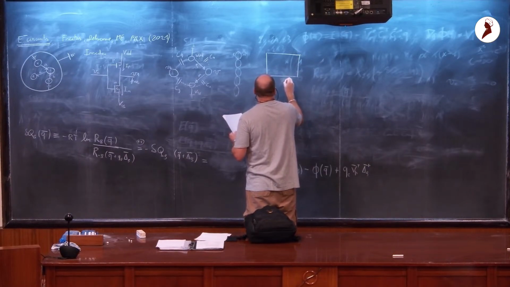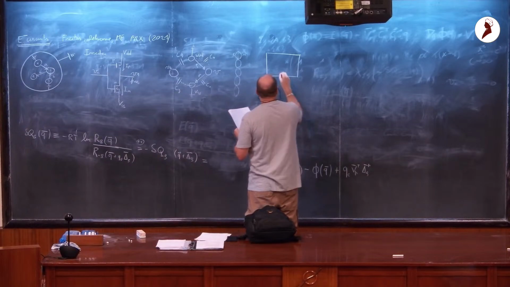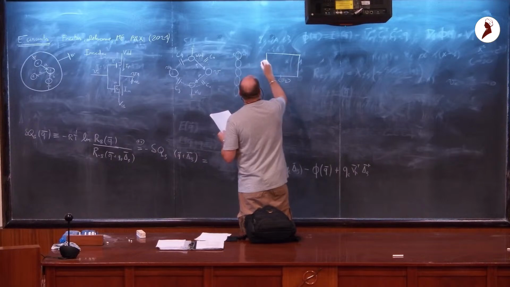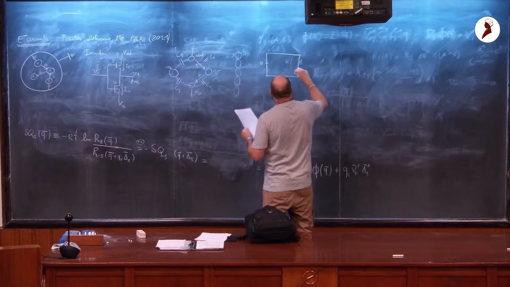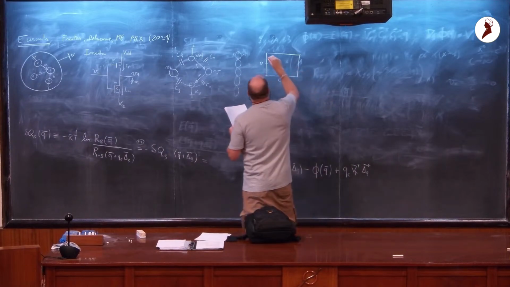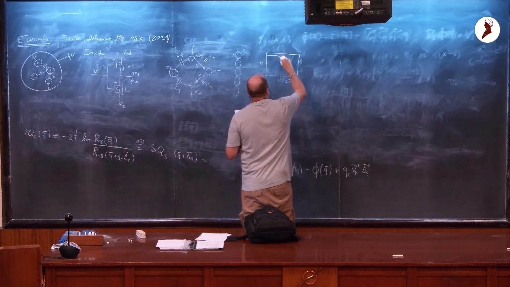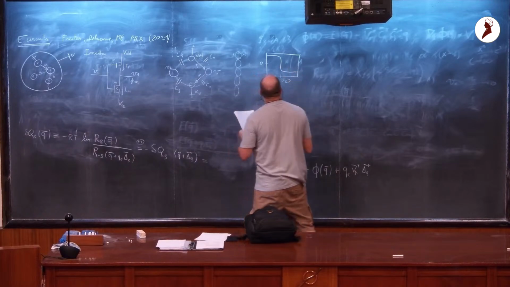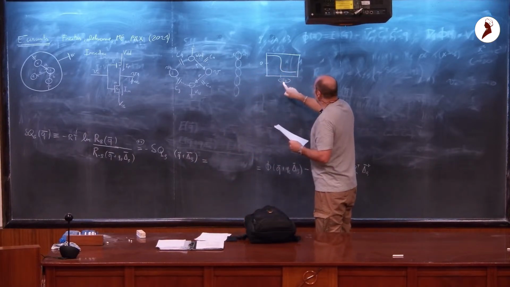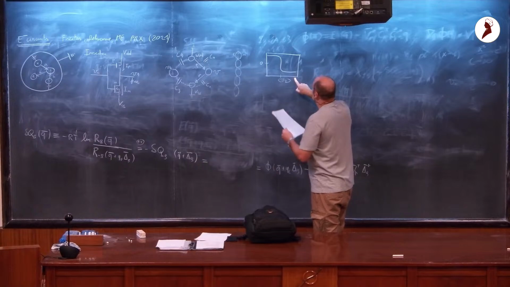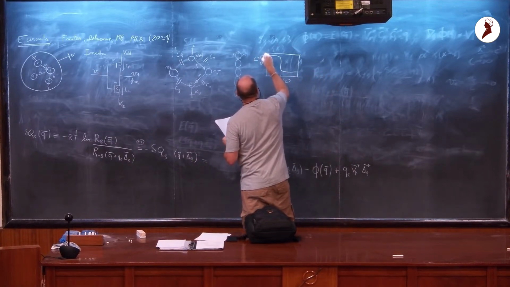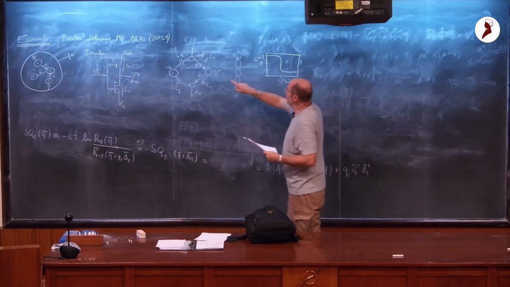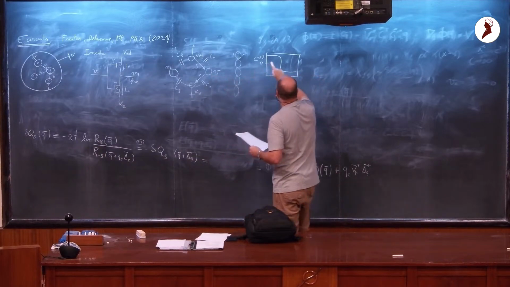So if this is V2, the input, this is 0, the average V2. It's an inverter because, let me draw it like this. When the input is up, this is V. What's going to happen to this V here?